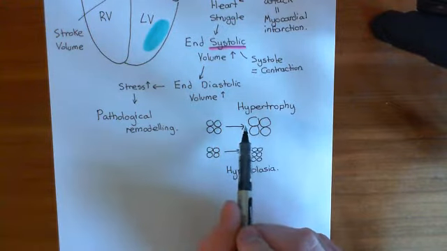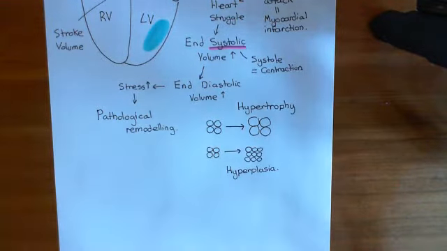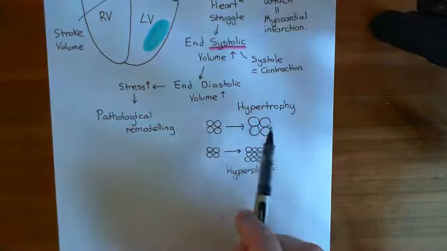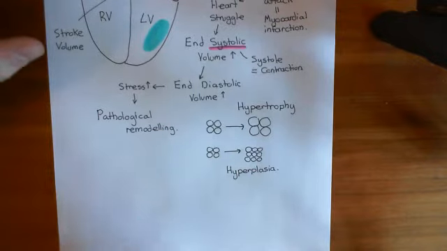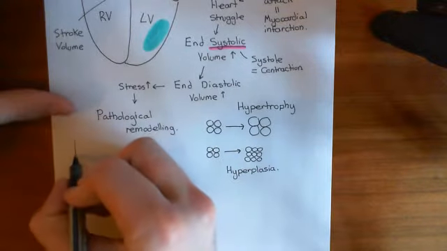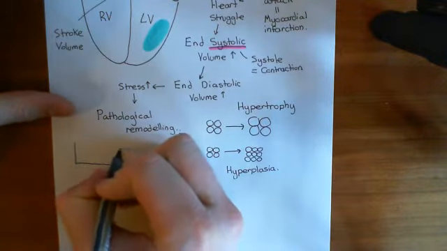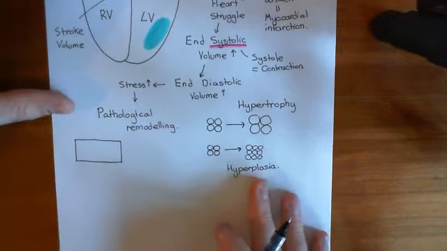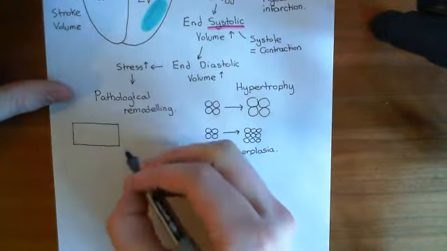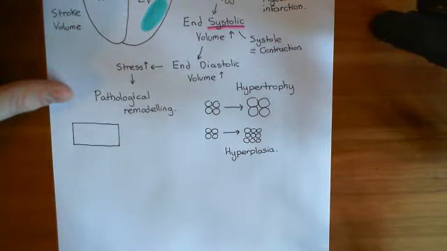So what we can do is make each one of the cardiomyocytes hypertrophy, i.e. grow, and that will increase the size of the left ventricular wall. Okay, so this is what's going to happen. If we draw a cardiomyocyte here, this is our cardiomyocyte, then it's going to hypertrophy, but the way in which it's going to hypertrophy is not the ideal way to hypertrophy.